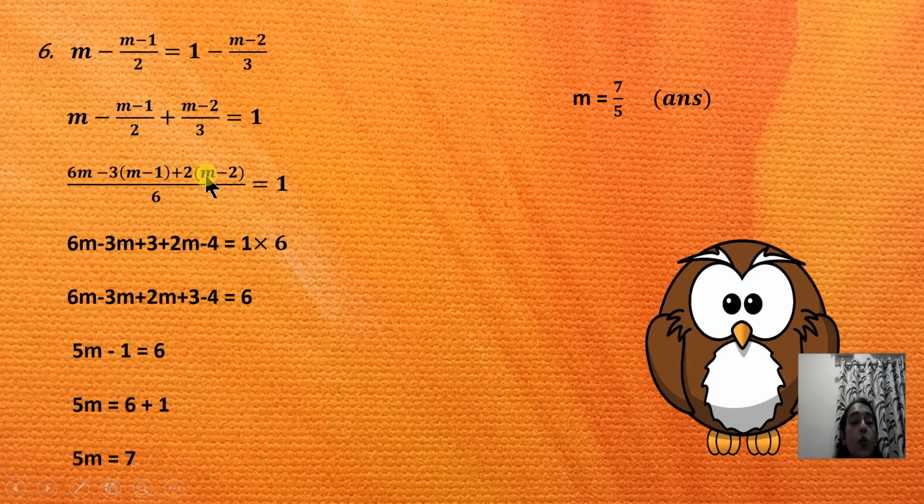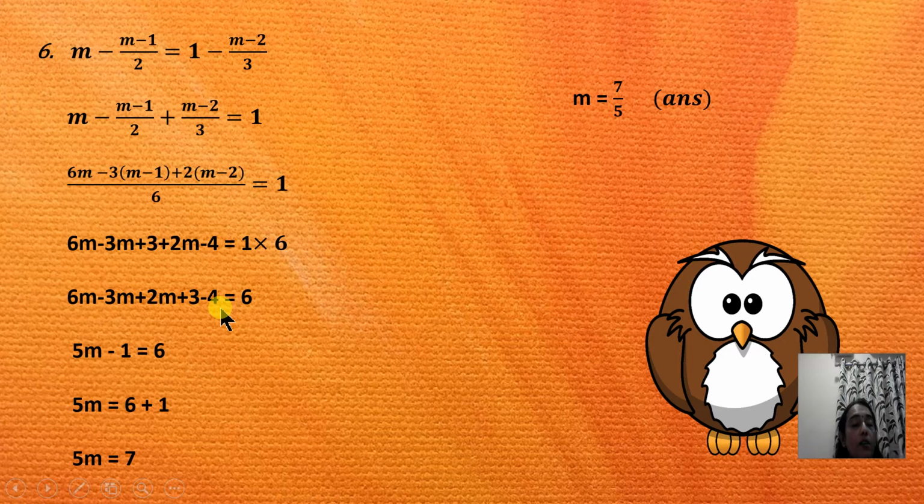Plus 2m and plus 2 into minus 2 is minus 4, which is equal to 1 into 6, and that is equal to 6. Now I collect the terms with m together. 6m minus 3m plus 2m, plus 3 minus 4. So 5m minus 1. 6 minus 3 is 3, 3 plus 2 is 5. 5m, minus 1 from plus 3 minus 4.